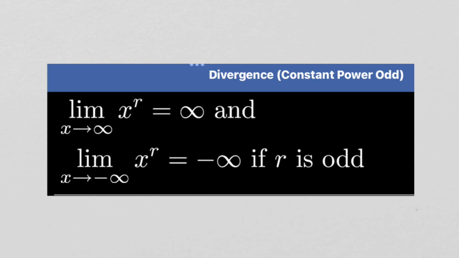The limit as x goes to infinity of x raised to the r equals infinity. The limit as x goes to negative infinity of x raised to the r equals negative infinity if r is odd.